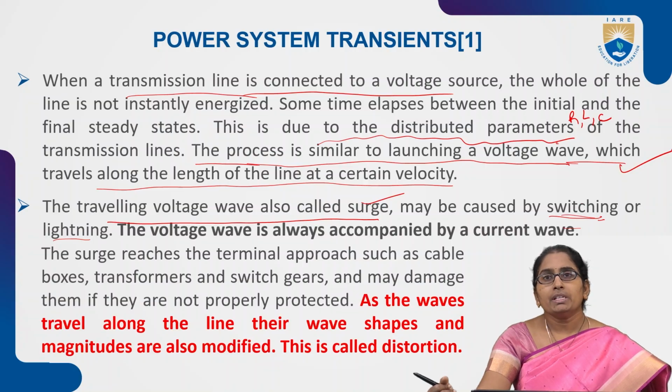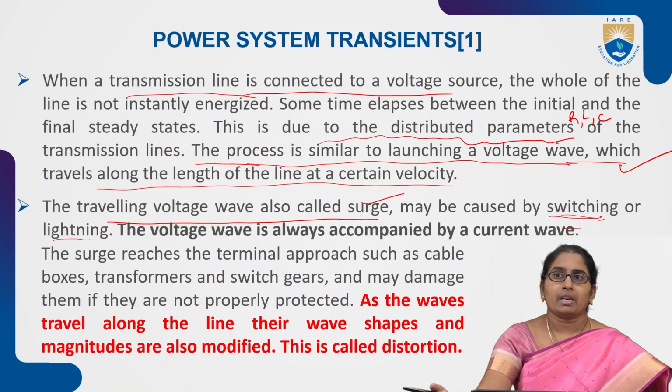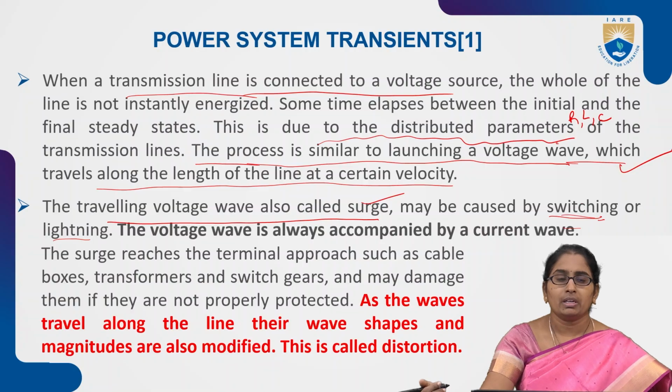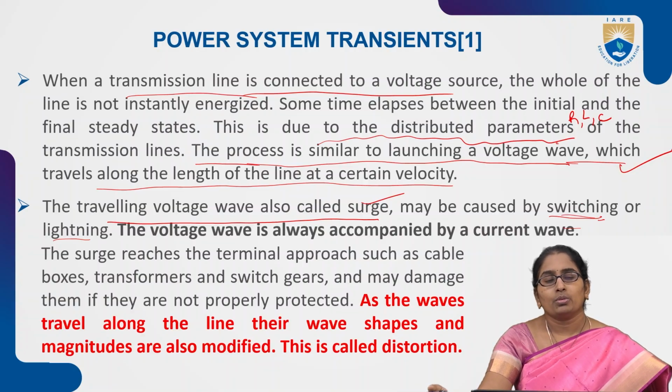Now, the voltage wave is always accompanied by a current wave. If there is a voltage in the transmission line, automatically a current is also present. Here we are talking about the traveling wave.